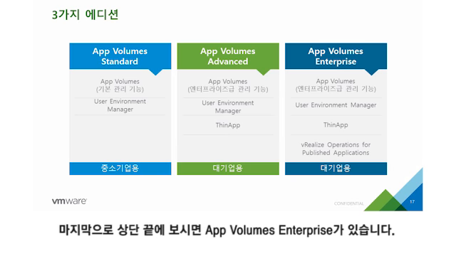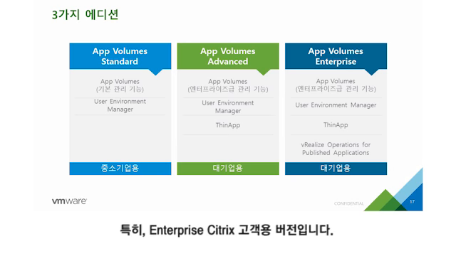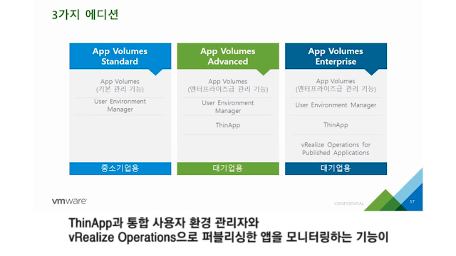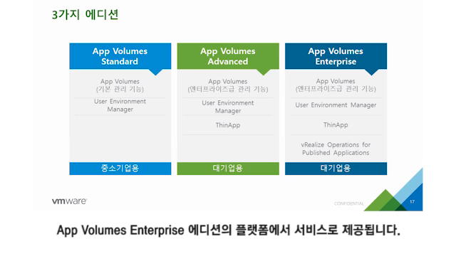And finally, at the top end, we have App Volumes Enterprise, which includes App Volumes built specifically for enterprise Citrix customers. This includes all the enterprise management capabilities that I mentioned before. Integrated user environment manager, ThinApp, and now monitoring capabilities using vRealize Operations for published apps are available as services on the platform that's delivered as part of this App Volumes Enterprise Edition.